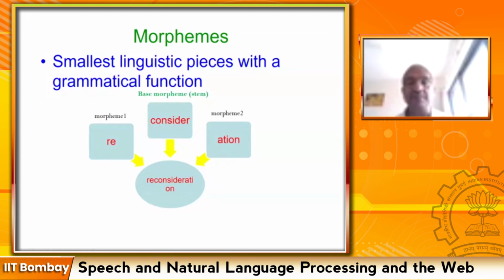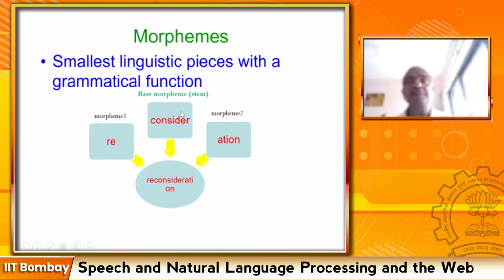The difference between morpheme and character: character is smaller than morpheme. So characters have what are called lexical roles. They occupy the position of a single byte, let's say, in terms of computing terminology. And so morphemes are composed out of characters, but morphemes have grammatical role. Characters don't have grammatical role.